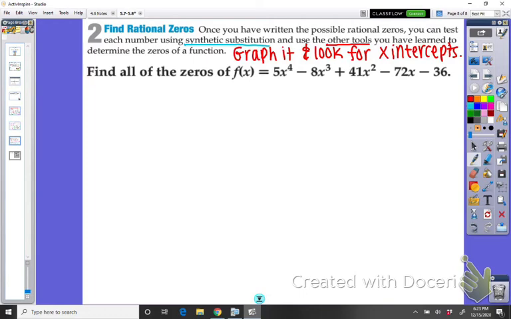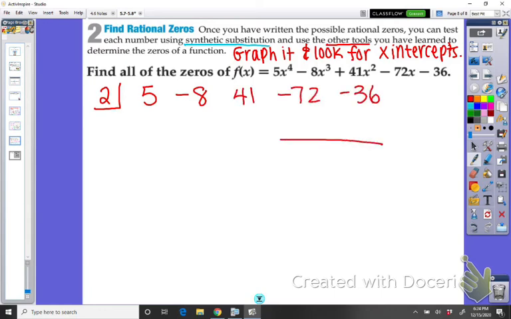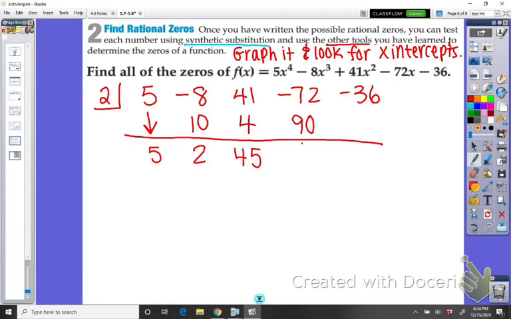So I'm going to do synthetic substitution with a 2 in this box. Now check the exponents, 4, 3, 2, 1, 0, so all my coefficients. And let's do some synthetic division. So 5, 10, 2, 4, 45, 90, 18, 36.